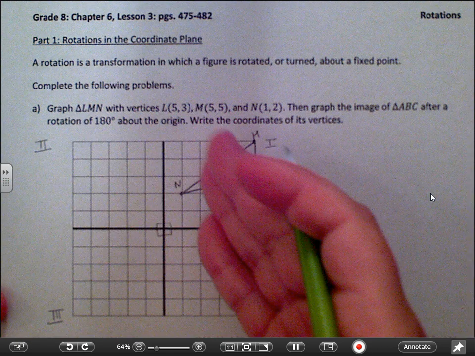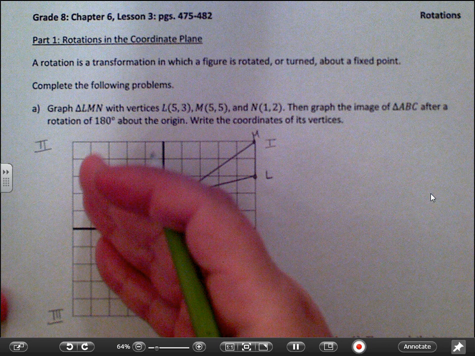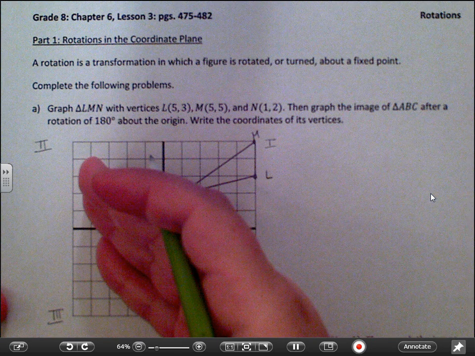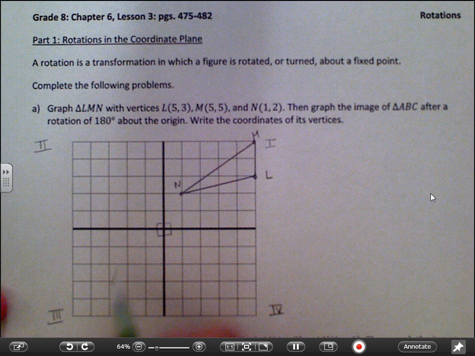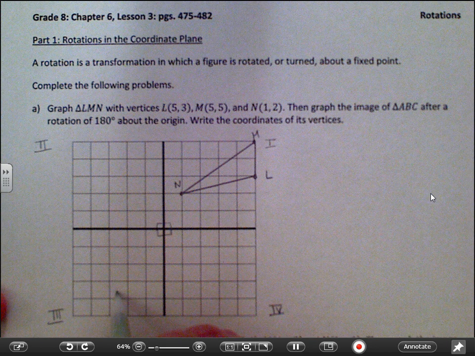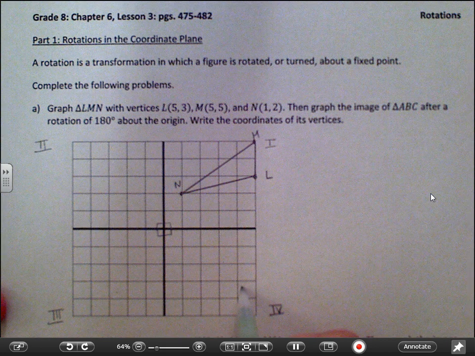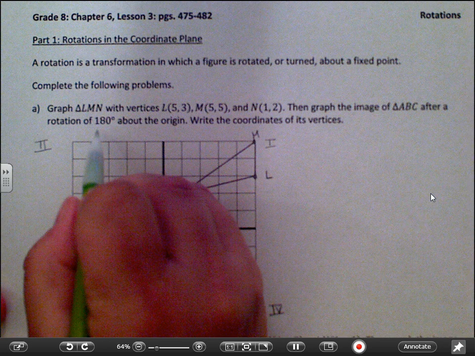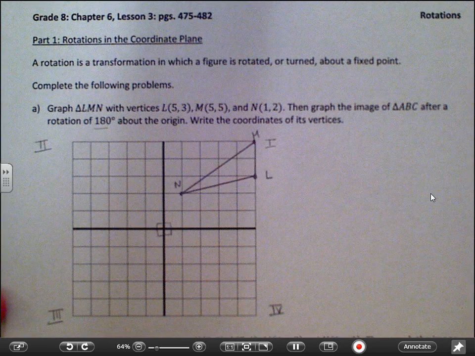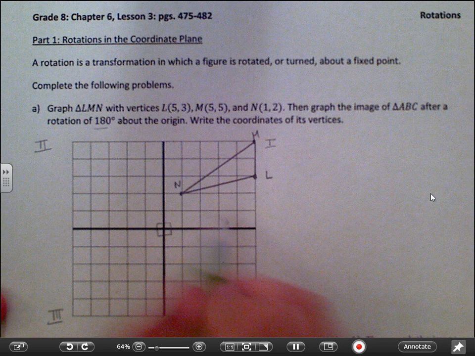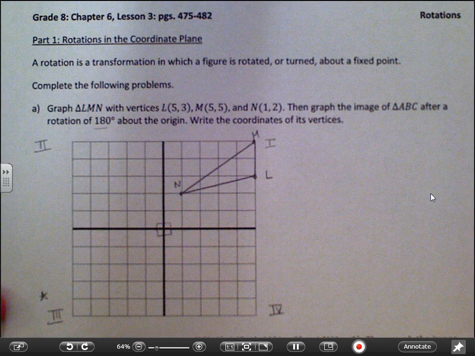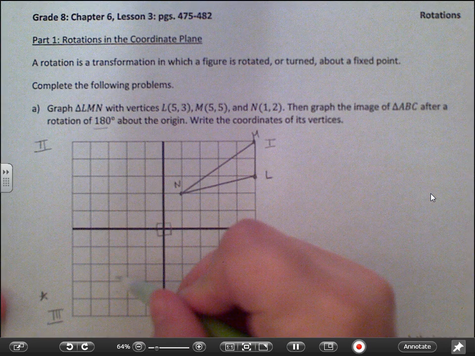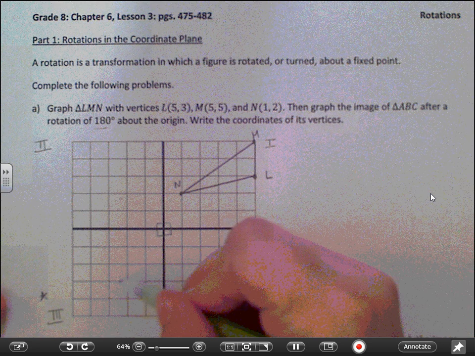We rotate the same direction that our quadrants are labeled: 90 degrees, 180 degrees, and 270 degrees. In this case, we're rotating 180 degrees. That means I move 90, 180, and I'm going to put a star here. That's where this triangle will end up, in quadrant 3.